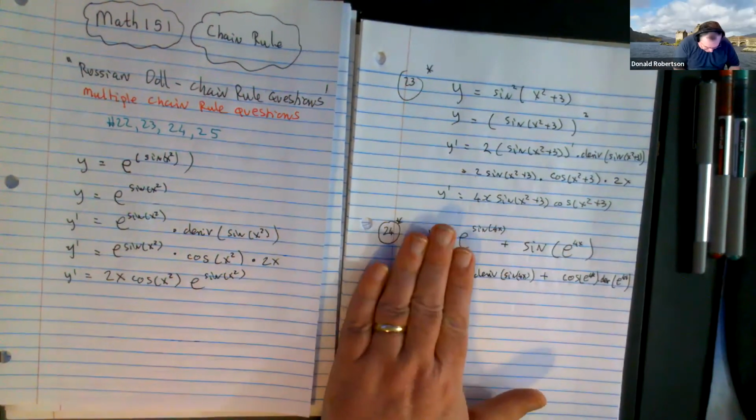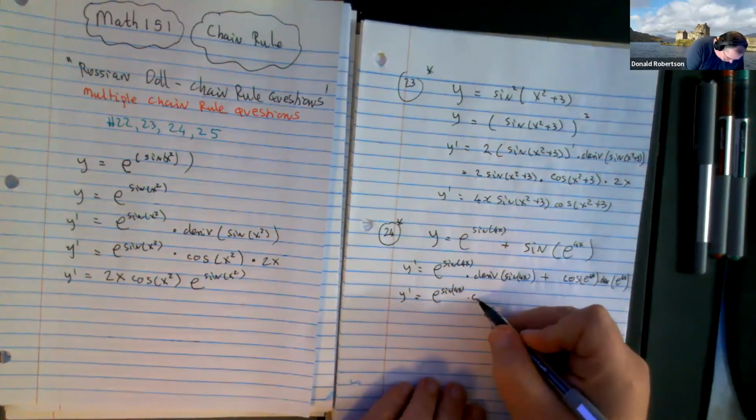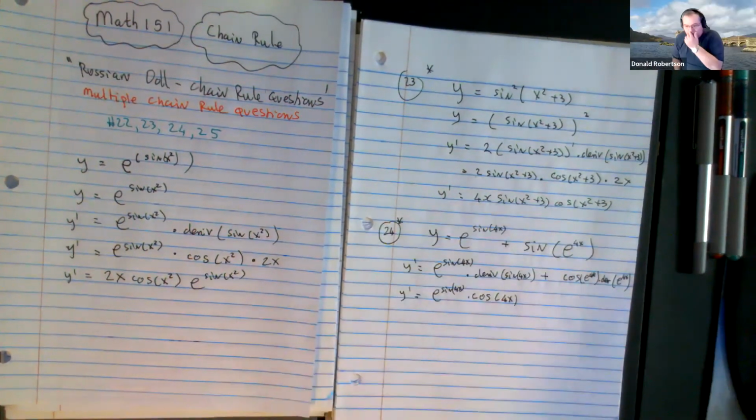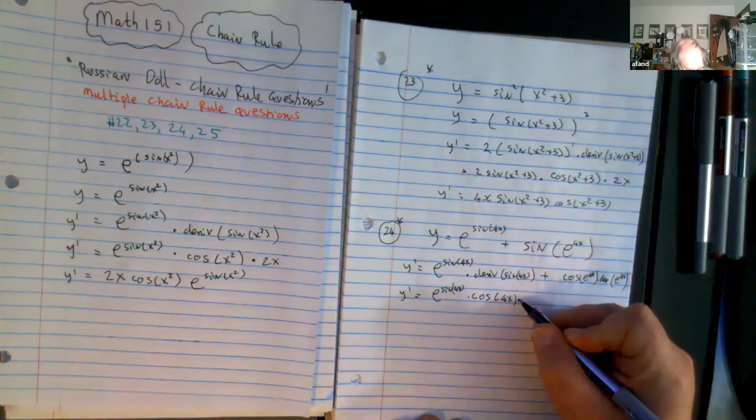Okay, if you differentiate the sine of 4x, you will get the cosine of 4x, times what?